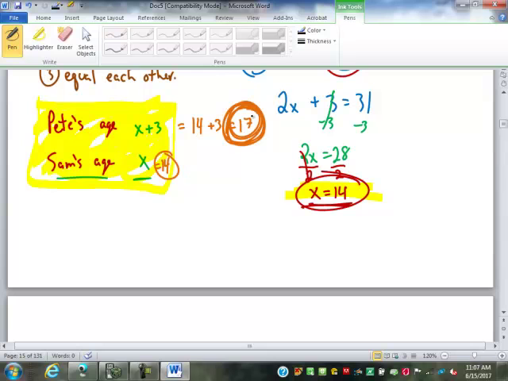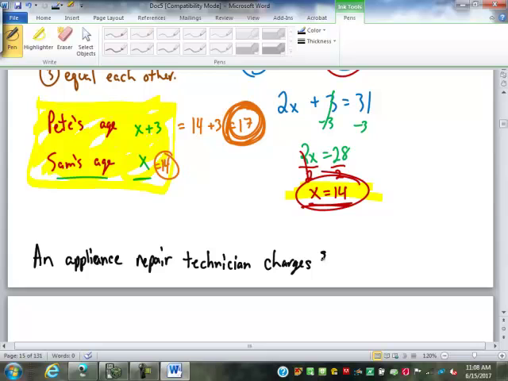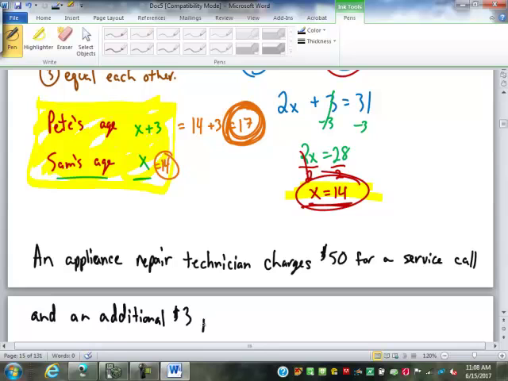So we might have something where an appliance repair technician charges $50 for a service call and an additional $3 per mile.